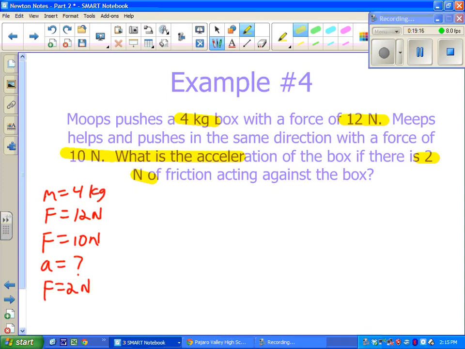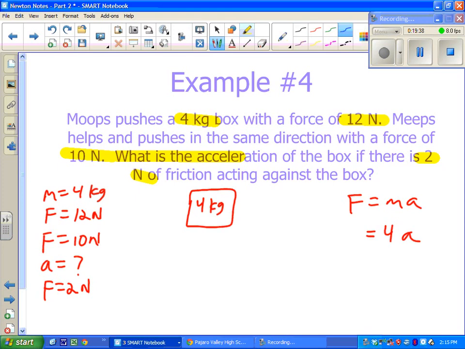And so I know I'm going to use F equals ma. And I know m is 4. And a is my question mark, so that stays a. But I have 3 F's, and I only need 1 for the equation. So to explain this, if I draw a picture, I have my 4 kilogram box. Let's use a different color, make it a little bit more visible.